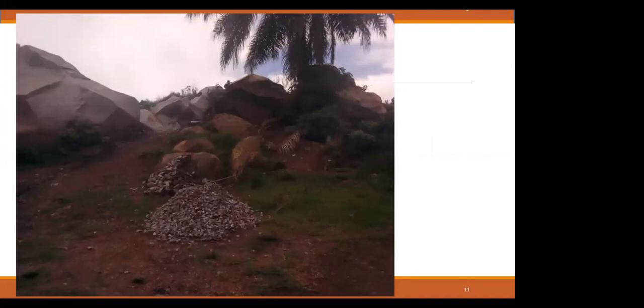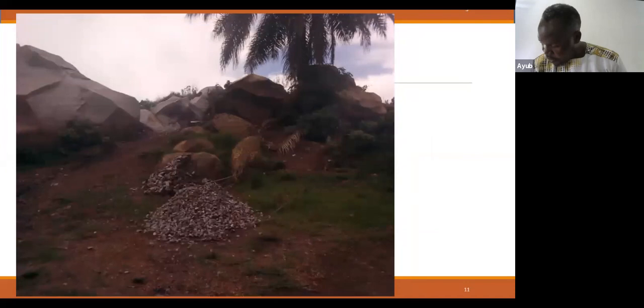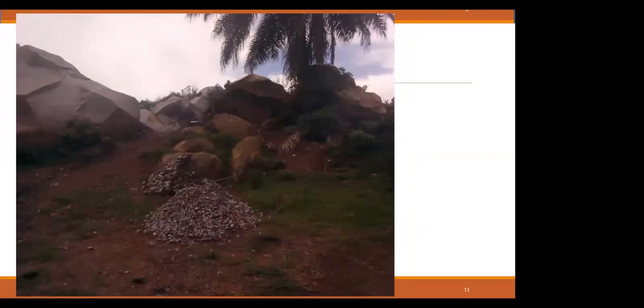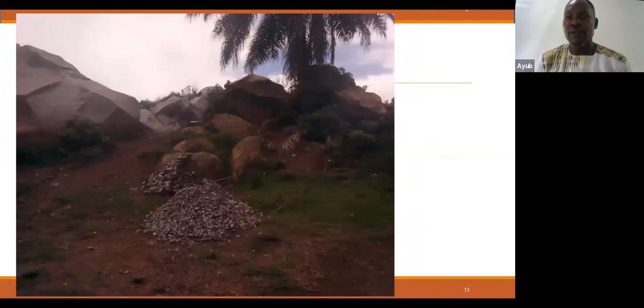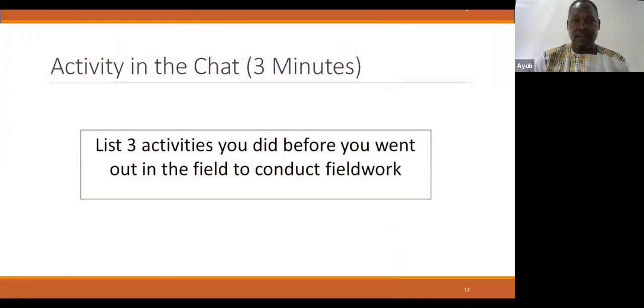For example, one of you said that you identified the place, then you collected the materials before you went for the fieldwork. Then you also said, I collected materials and I also wanted to find out certain things.